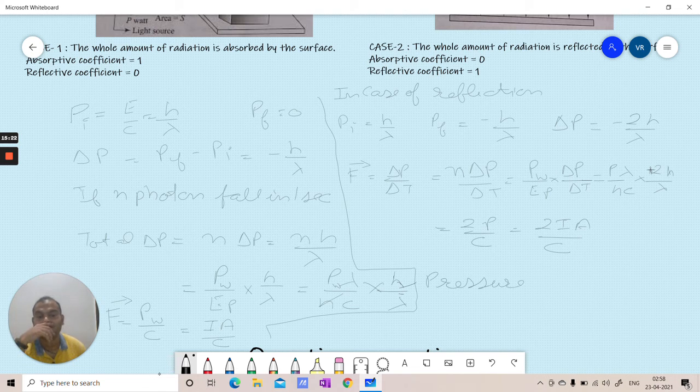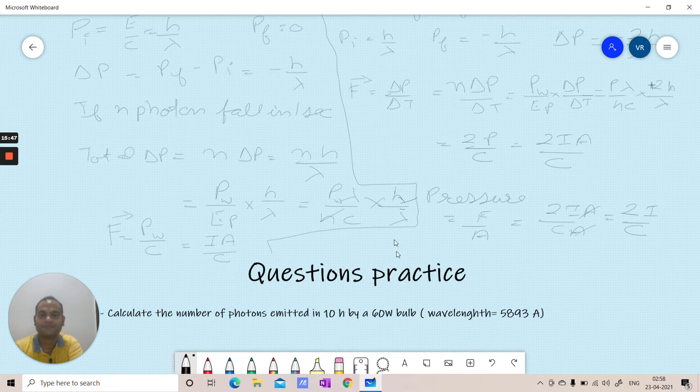So pressure is equal to force by area, that is equal to 2IA by CA. Area and area got cancelled, so 2I by C. That is the pressure, and force we already found out. Okay, so that is how radiation pressure and radiation force work.